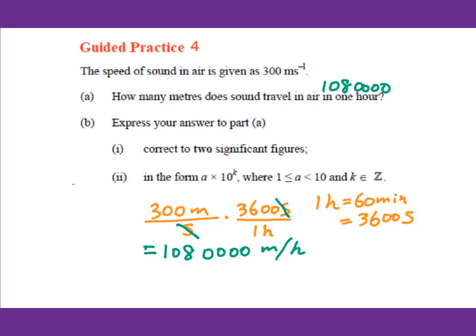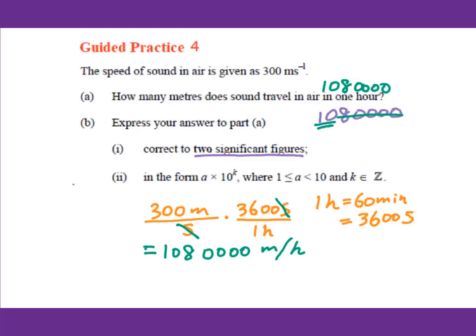For B, we need to correct the answer to part A to 2 significant figures. For 2 significant figures, we need to get a number from the front. When we have 108 and 4 zeros, we get started from the front, these 2.